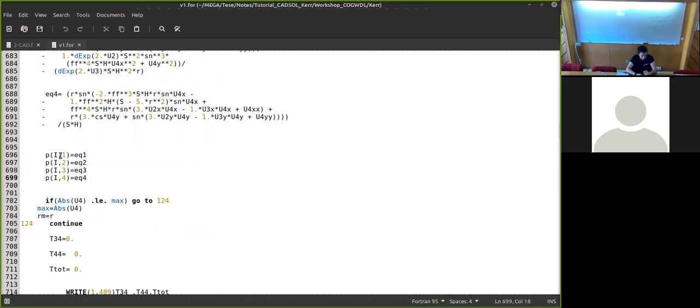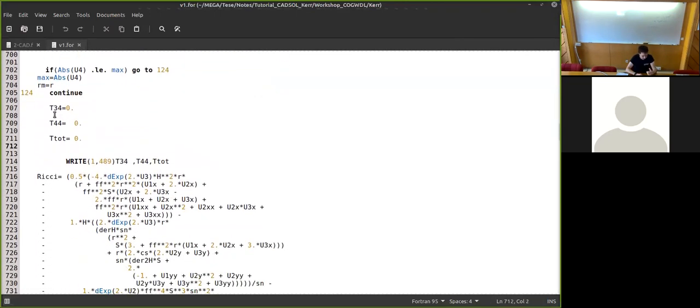Basically, here you're telling the solver that you want to compute the Newton residual for equation 1, equation 2, equation 3, and equation 4. Since you want that to be as small as 0, the solver will try to solve that and obtain this as close to 0 as possible.